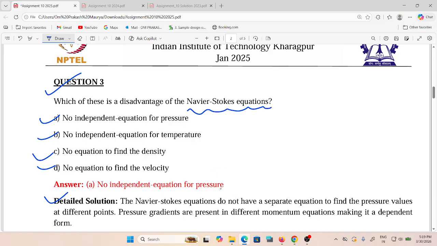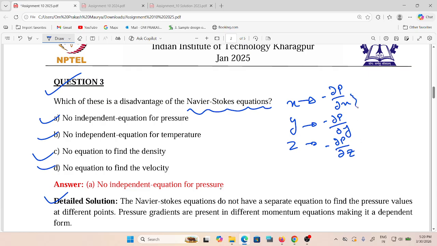So what is it actually saying? You have the Navier-Stokes equation in three dimensions: in the x dimension, in the y dimension, in the z dimension, and each equation has minus delta p by delta x, minus delta p by delta y, minus delta p by delta z.